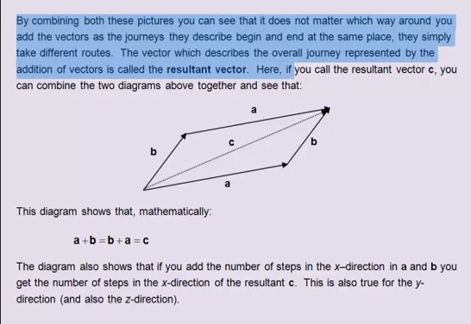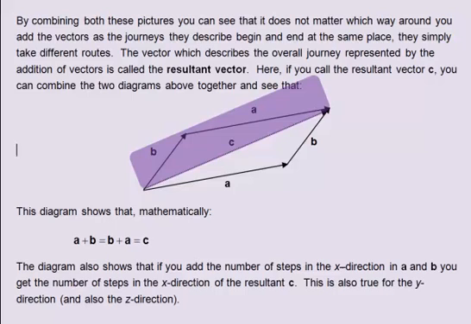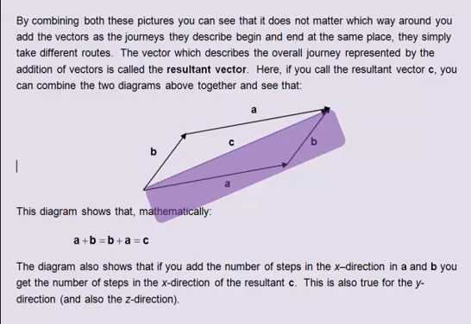Here, if you call the resultant vector C, you can combine the two diagrams above together and see that B plus A and A plus B both describe the same beginning and end points of a journey. This diagram shows that mathematically A plus B equals B plus A, which equals C.